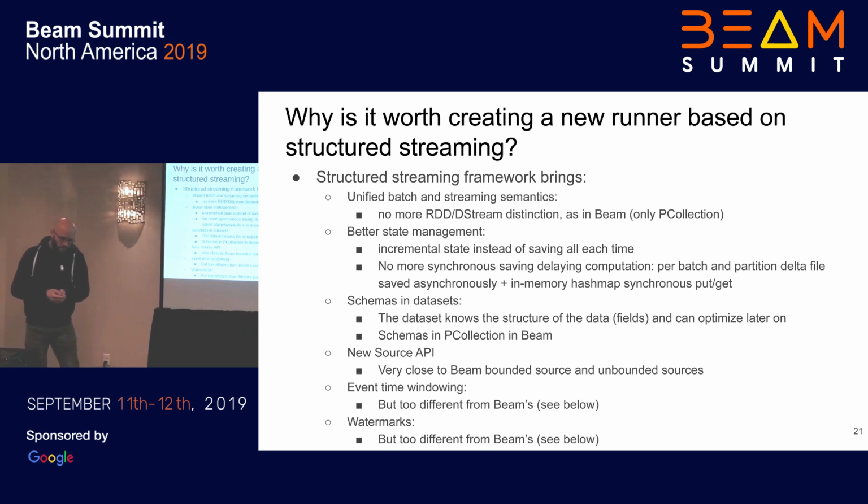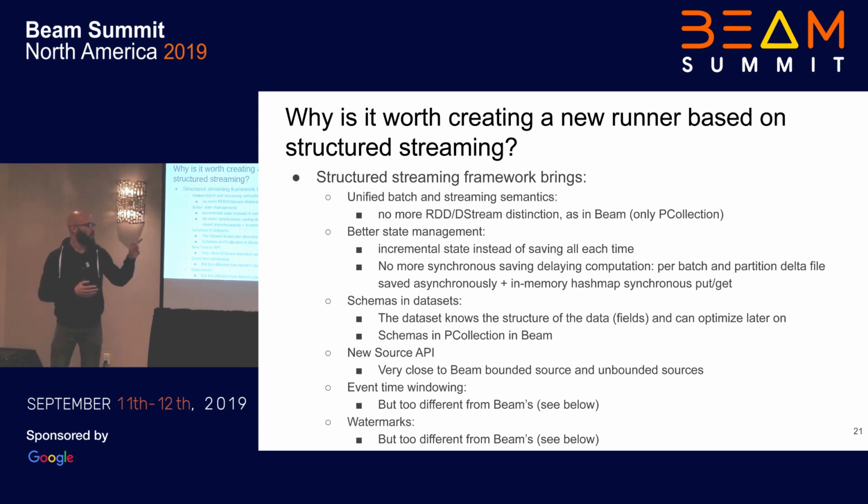Also, it has better state management. There is now an incremental state saving, and also no more synchronous saving of the states that delays the pipeline. An important thing is that they have schemas in datasets. So Spark datasets know the structure, the fields of the data, and can then optimize later on this structure.